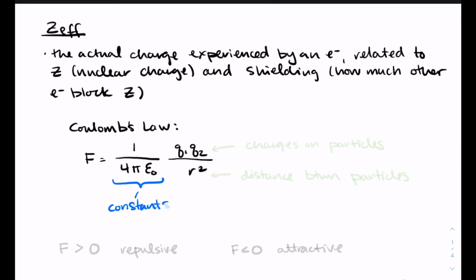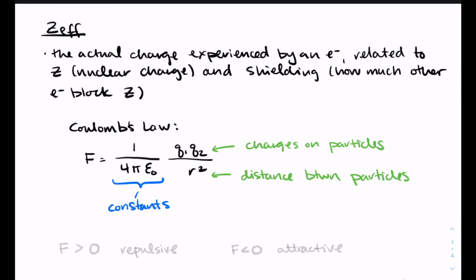The things that will change that we'll want to factor in are Q1 and Q2, which are the charges on the particles, and then r squared, which is the distance between the particles. So the larger the magnitude of the charge, the stronger their interaction, either attraction or repulsion, and the closer together they are, the stronger the attraction or repulsion.